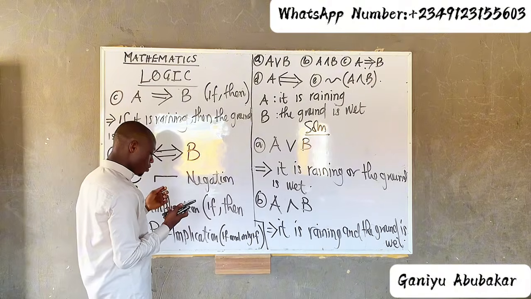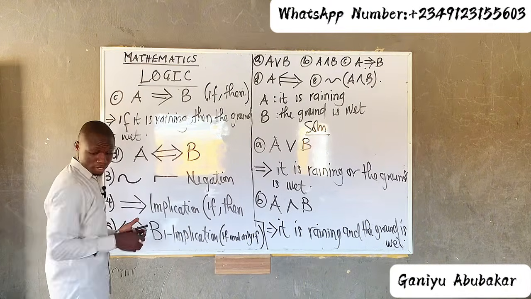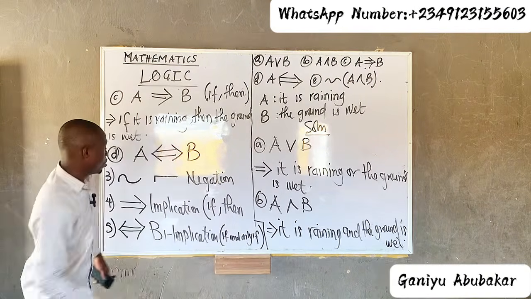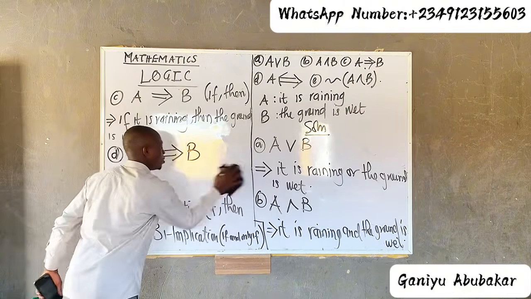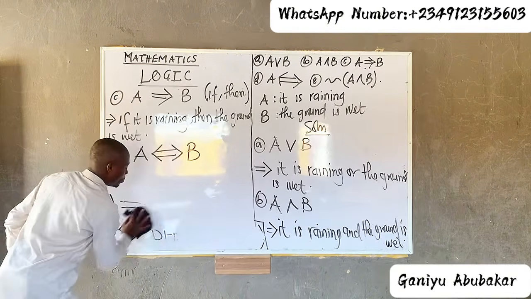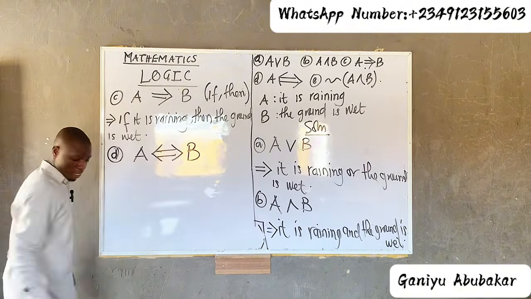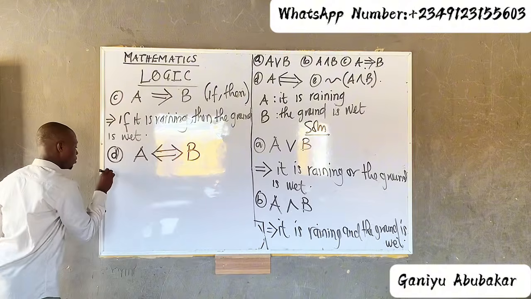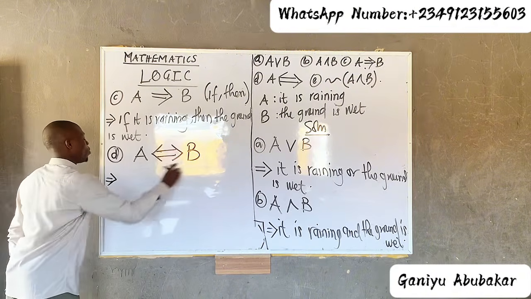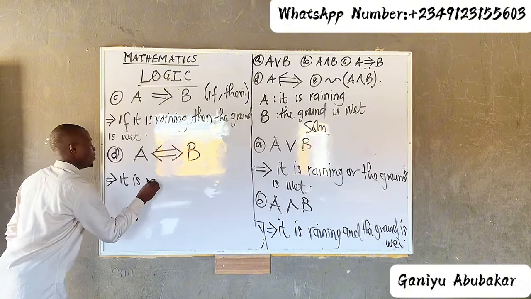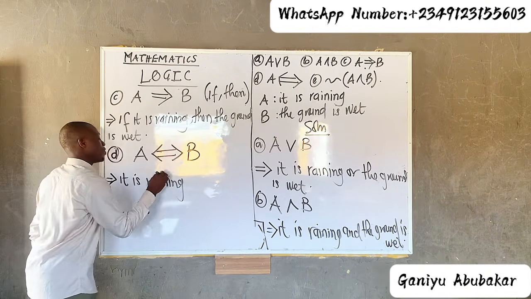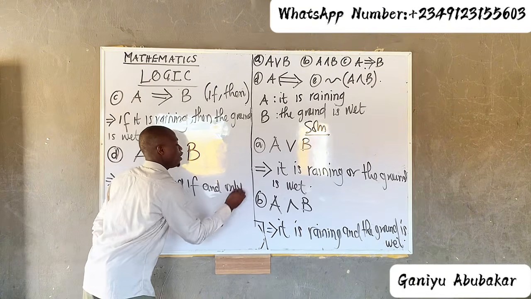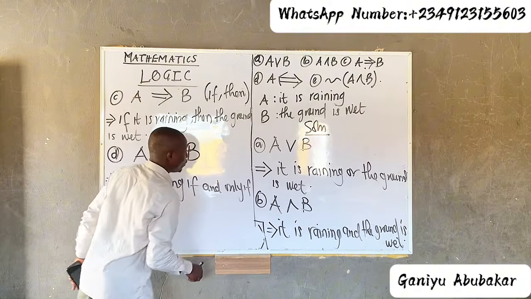So this symbol signifies "if and only if," A is "it is raining," and B is "the ground is wet."